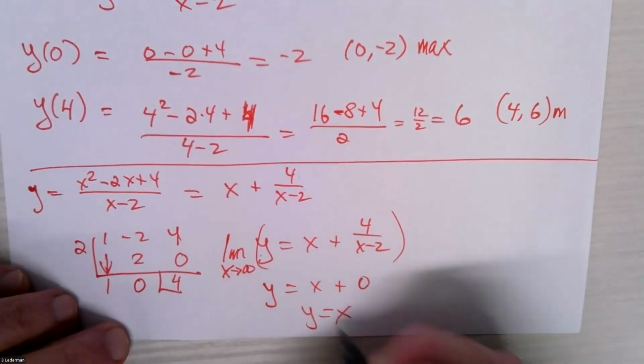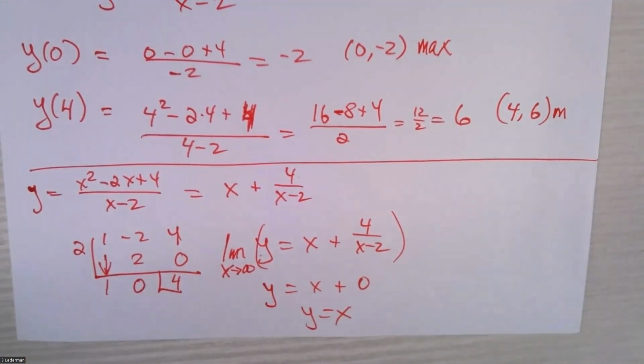In other words, it becomes y equals x. So this hyperbola is asymptotic to the line y equals x. There is such a thing as an oblique asymptote or slant asymptote.